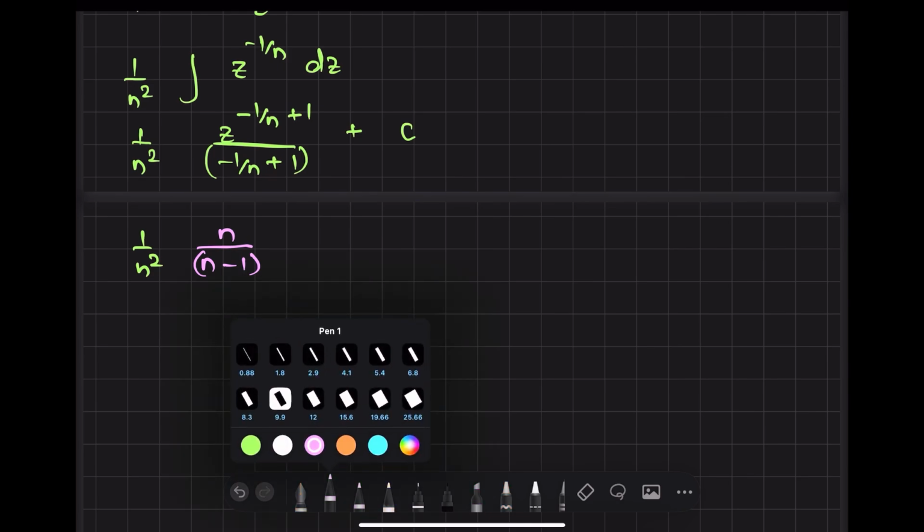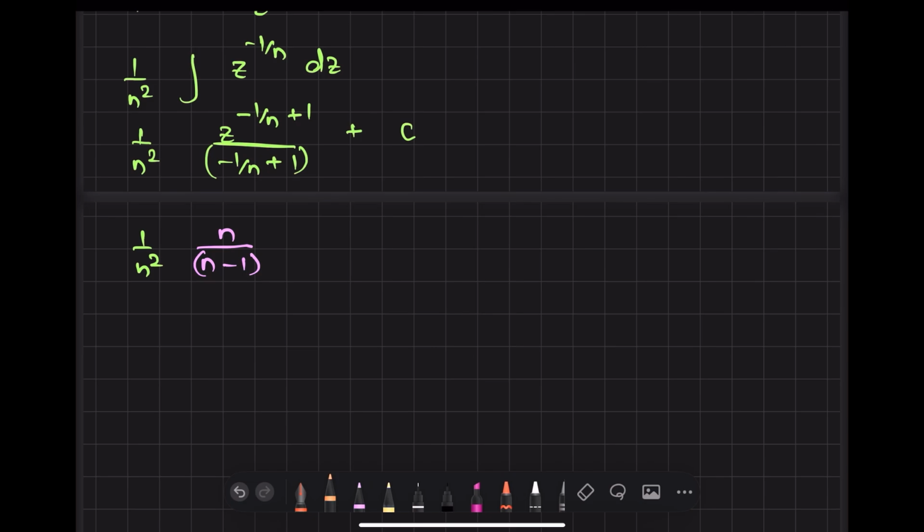Now I will simplify the numerator part. So it is z to the power n minus 1 by n, and then plus integrating constant c. If you can utilize this and this, we will be left with 1 by n times n minus 1. You know that you have written z, so the answer was in terms of x, so you have to replace z.